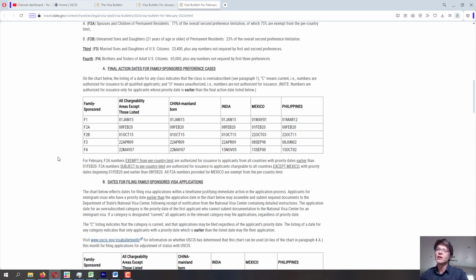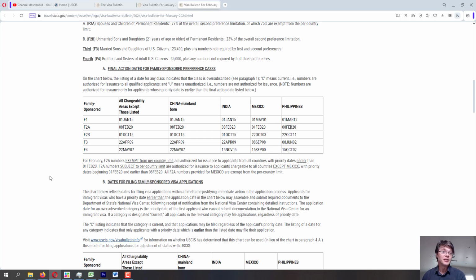And that's the category that used to be current, which means that once you become documentarily qualified, your immigrant visa is already available, and you just schedule the interview and you go and you get your immigrant visa. But now, as you can see, there's a 3-year delay, which we started seeing the accumulation of the backlog on the F2A category really ever since the pandemic.